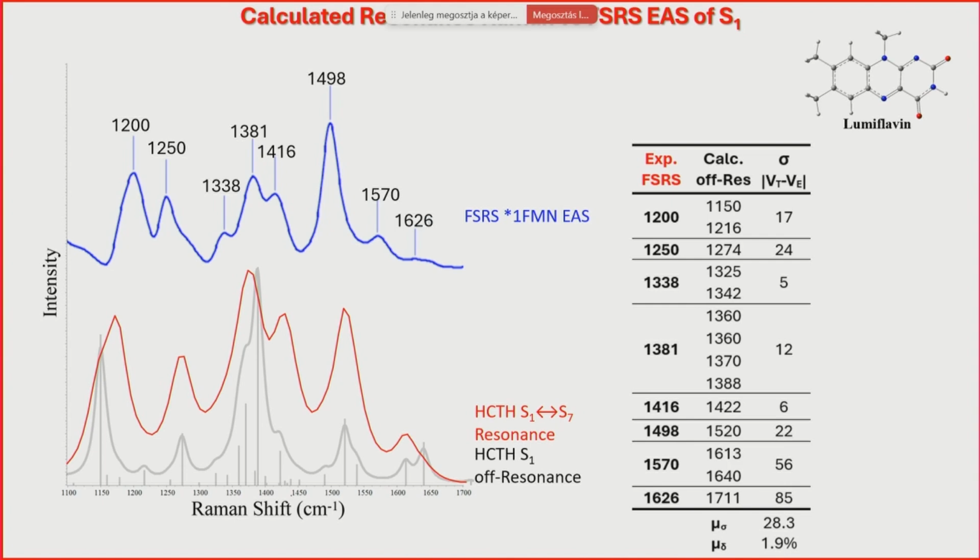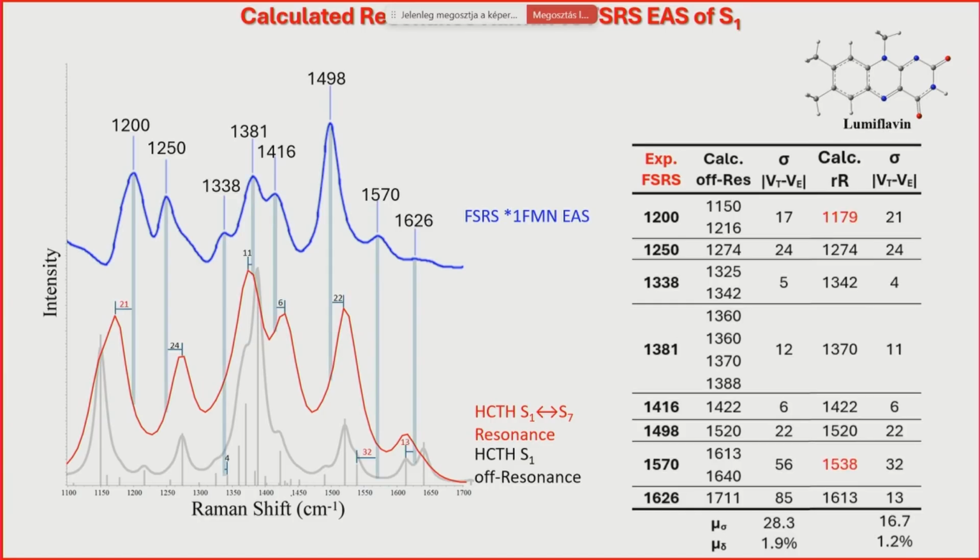You can see that there is an improvement in the intensities here. We can calculate again, associate the spectra, and calculate again the deviations and the percent error, which is much better.